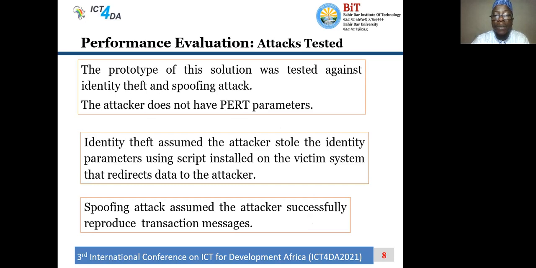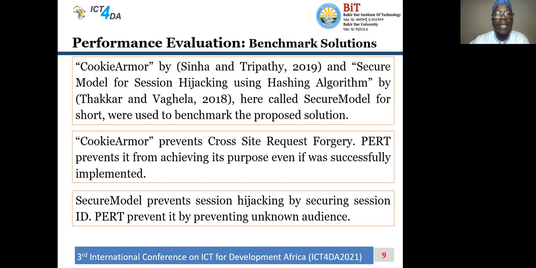In identity theft, we assume that the attacker stole the identity parameter using a script that was installed on the victim's system. The script directed the necessary information that enabled the attacker to get the identity of the user. In spoofing attack, we are assuming that the attacker successfully produced transaction message packets.